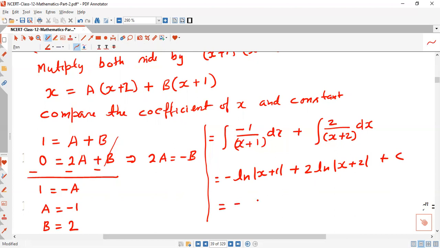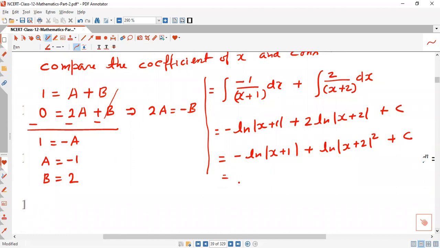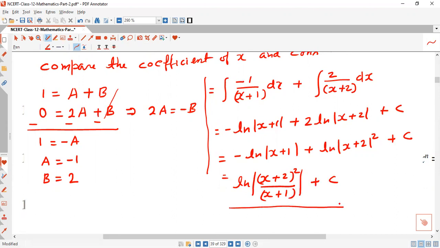So it becomes minus log mod x plus 1 plus log mod x plus 2 whole square plus some constant c. Combining again, it becomes log of x plus 2 whole square divided by x plus 1, plus some constant c. This is the answer of this question.